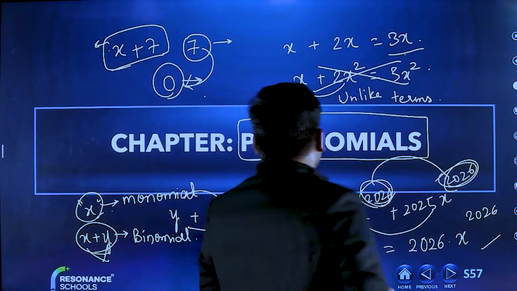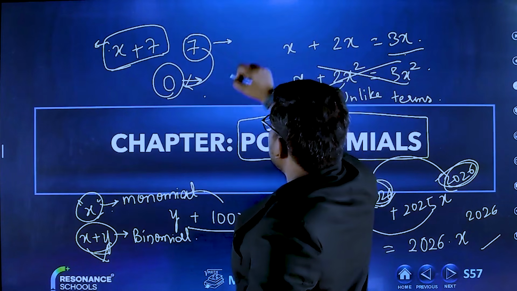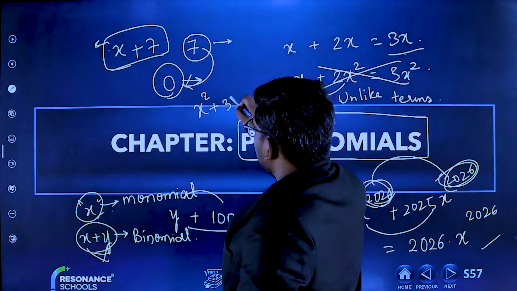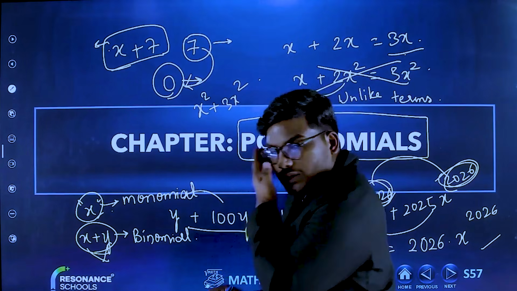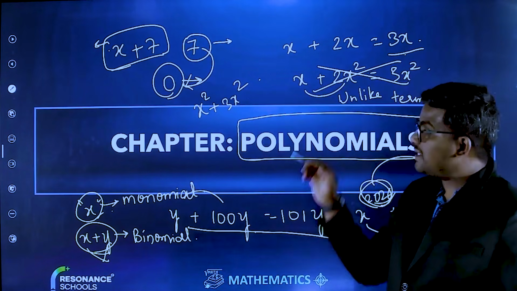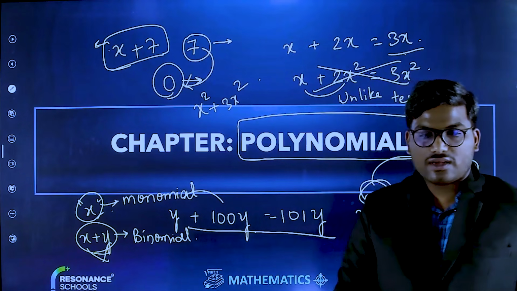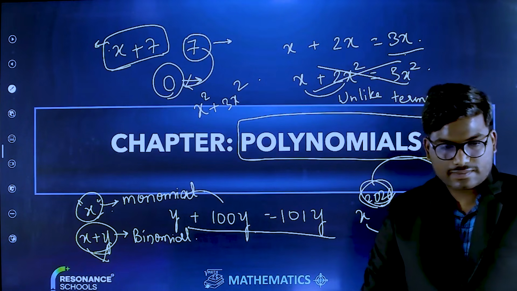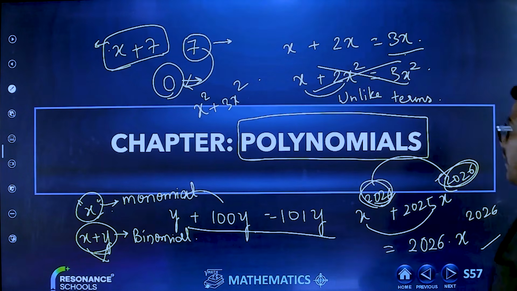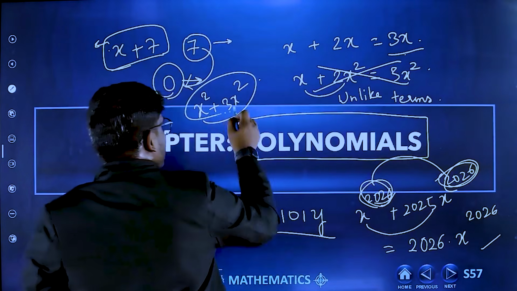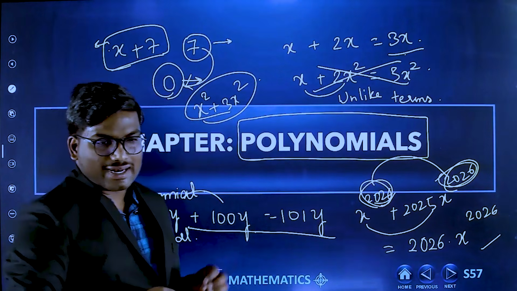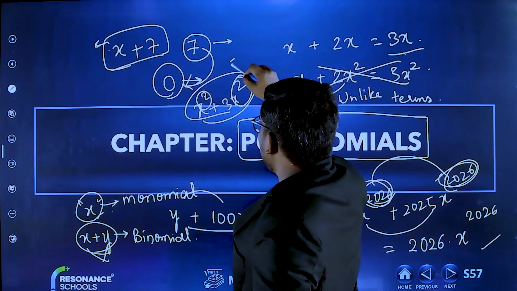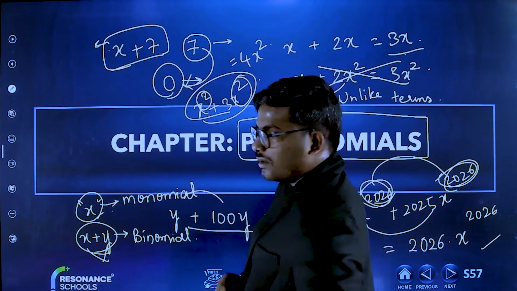Now, very similarly, say x square plus 3x square. Is this a binomial or is this a monomial? Can anyone tell me in the chat box? x square and 3x square are like terms because when added they'll simply become 4x square, right?